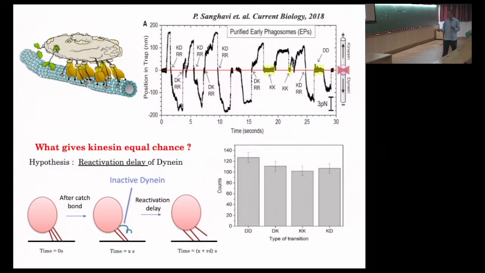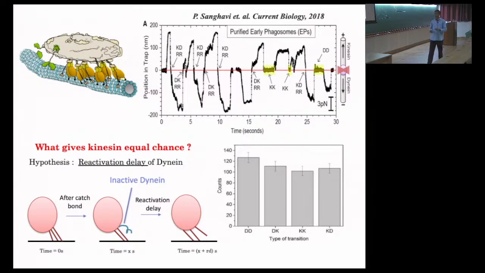Once this delay period has expired, this is the time where you see that after one dynein event, you take a little time. So what we find is that if you impose a catch bond on dynein, which we have tried to do experimentally, the dynein team takes more time to re-engage compared to the kinesin team, but this is still work in progress. We will see how it goes.